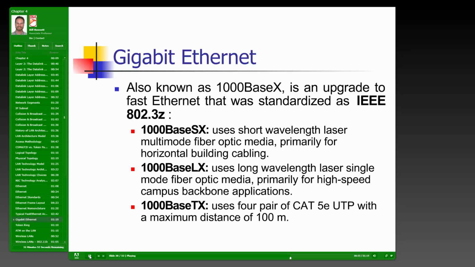And then the last would be your 1000BASE-TX or copper based. So the first two are fiber, and the last one is copper based, and that would be using Cat5e unshielded twisted pair with a maximum distance of 100 meters. And usually that's what we use to connect the servers and the desktops to the switches.